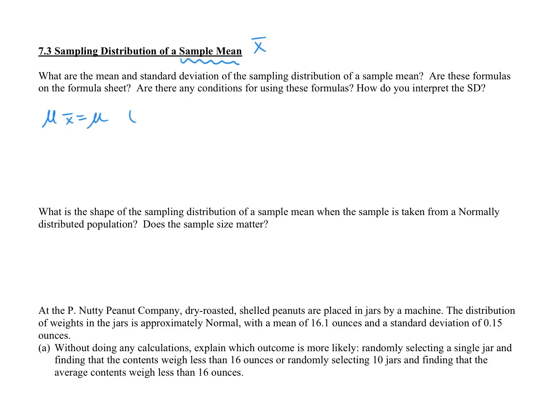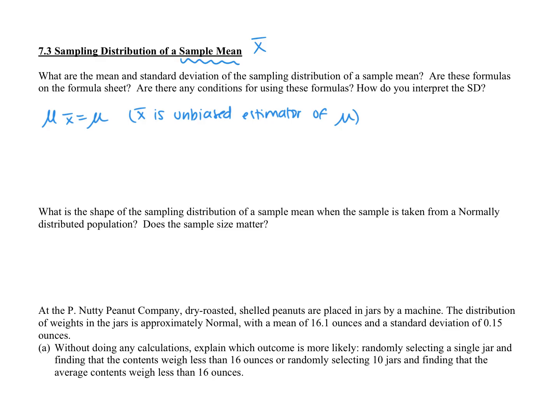And that is because X bar is an unbiased estimator of population mean. So if we take all of the sample means of all samples of the same size, average them up, we're going to get the population mean. Again, what that means is over time, sample mean will not over or underestimate population mean.